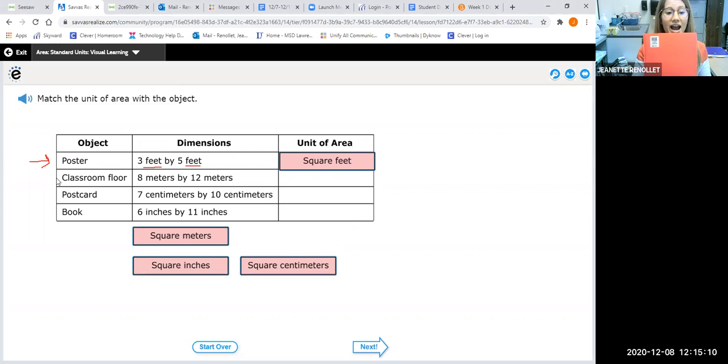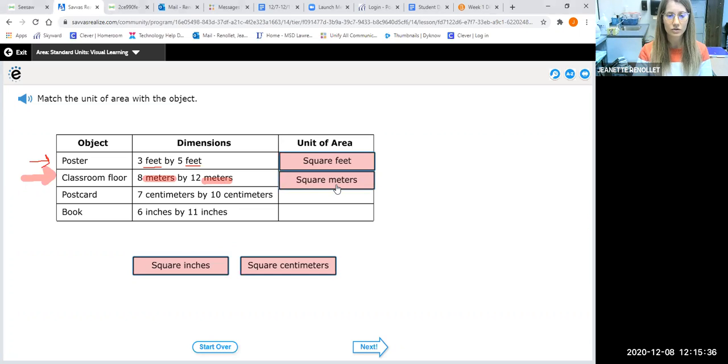Okay, now let's pretend I'm going to measure the classroom floor with you guys. I'm going to measure in meters because a meter is one of the bigger units. Remember this one? So I'm going to measure how big the floor is. That means I get to select the one with the word meters.